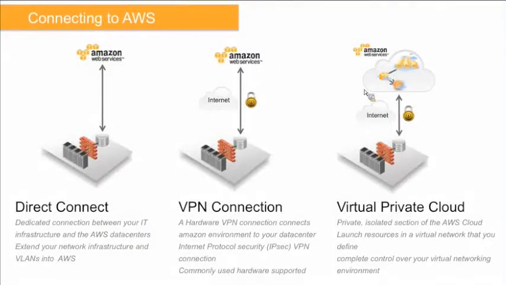Connections to AWS we touched upon very briefly. So Direct Connect, this is a dedicated connection between your infrastructure, that's either a data center, a network, or a point of presence that you have, and the AWS data centers or regions. And you can extend your network infrastructure and VLANs into AWS over those Direct Connect services.